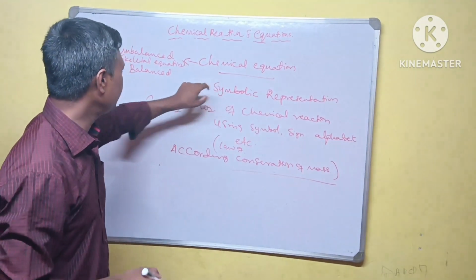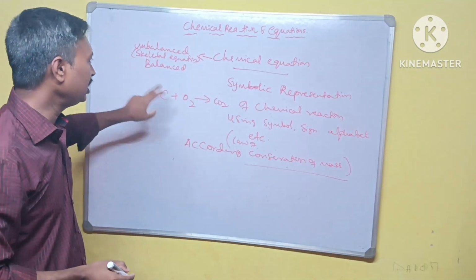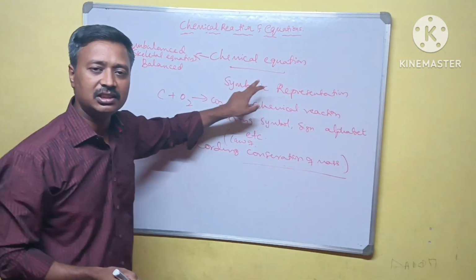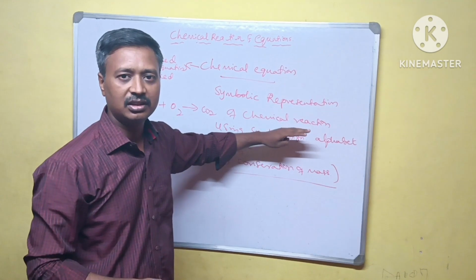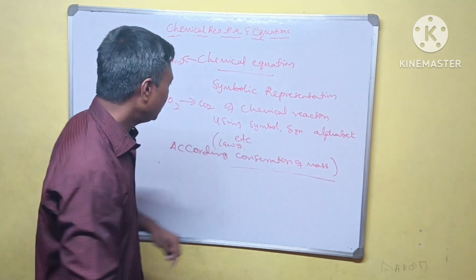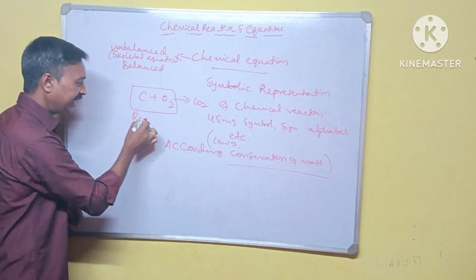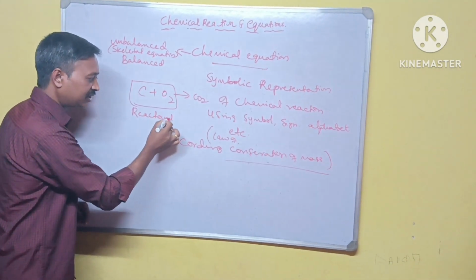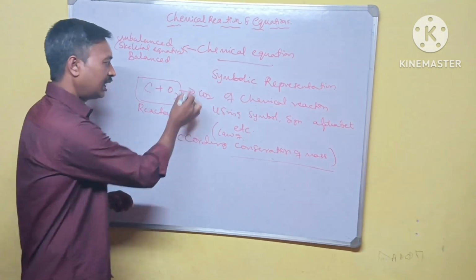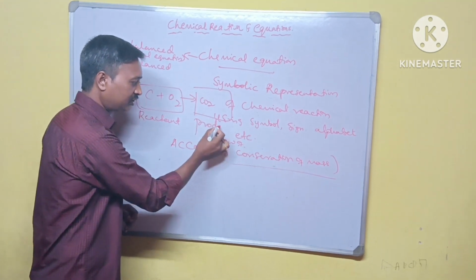In the chemical equation, I already told you there are two types: unbalanced and balanced. Any doubt? Before the arrow, what we write are called reactants. What we write after the arrow are called products.